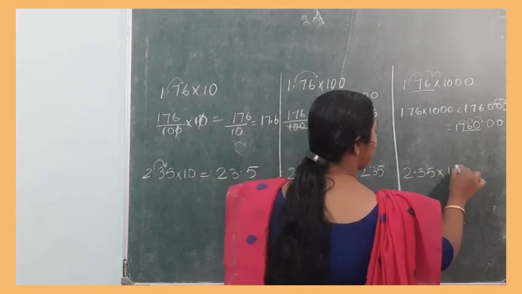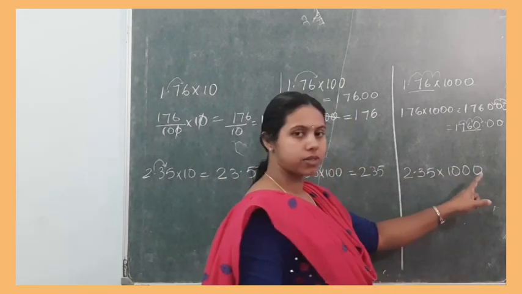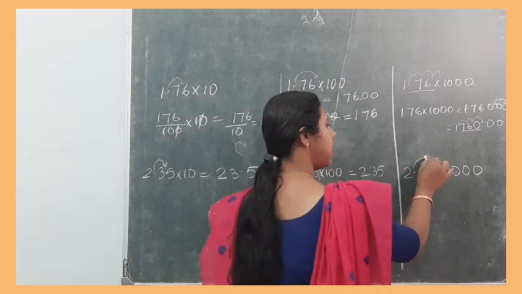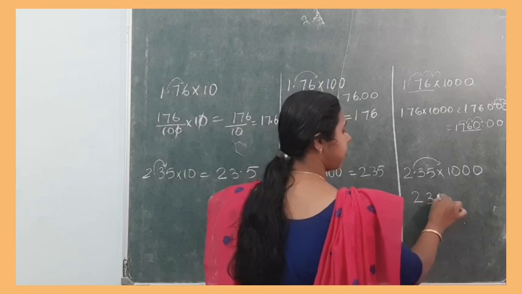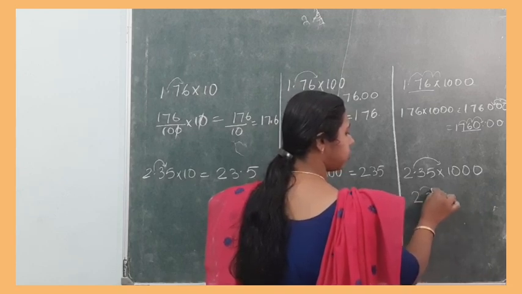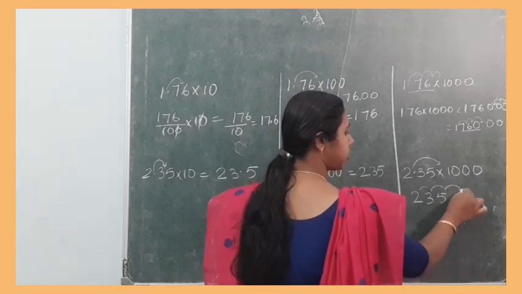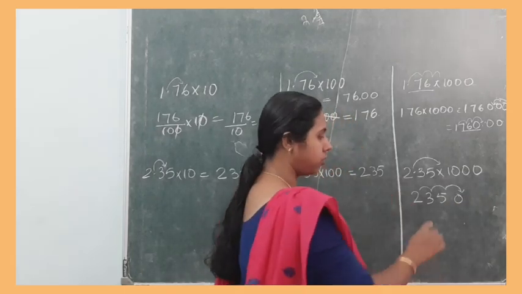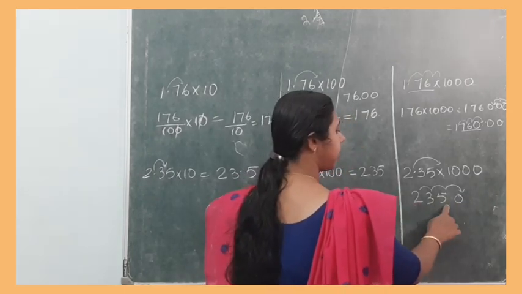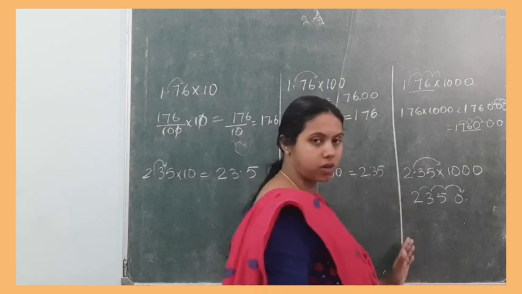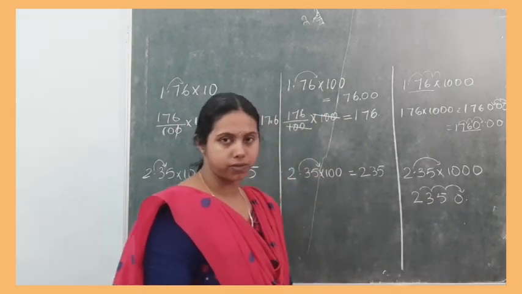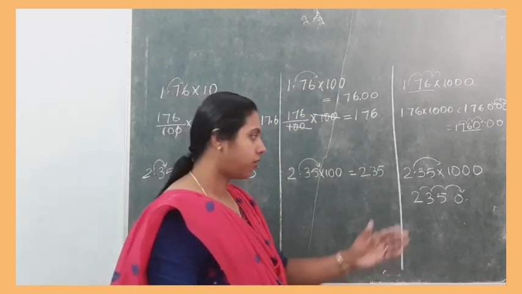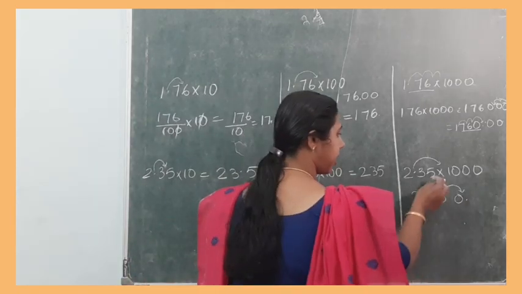Next, 2.35 into 1000. There are 3 zeros, so the decimal point moves 3 places to the right. So 2, 3, 5. Now it has moved 2 places. We need one more place, so you should put 0. 2350.00. So the answer is 2350. How do you get this answer? You just multiply as a whole number.